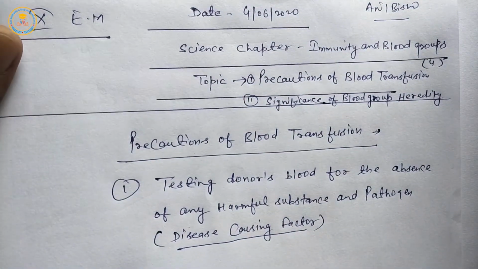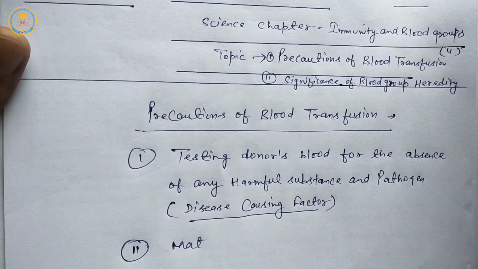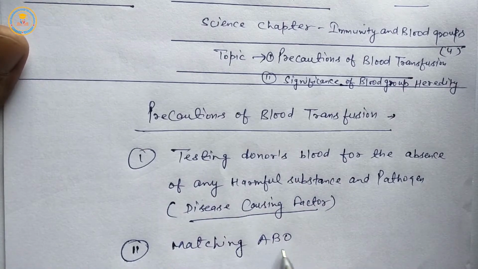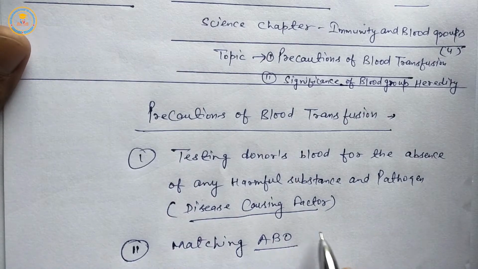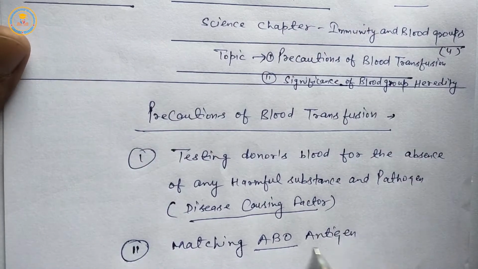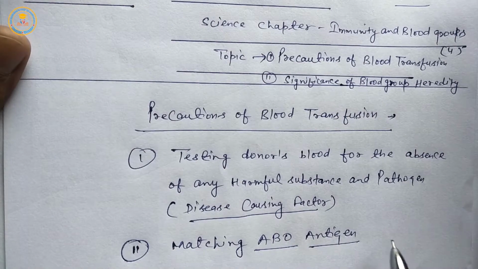Second is matching ABO antigen. Students, remember, human blood group is ABO type. Matching ABO antigen, and antigen is situated on the RBC surface.